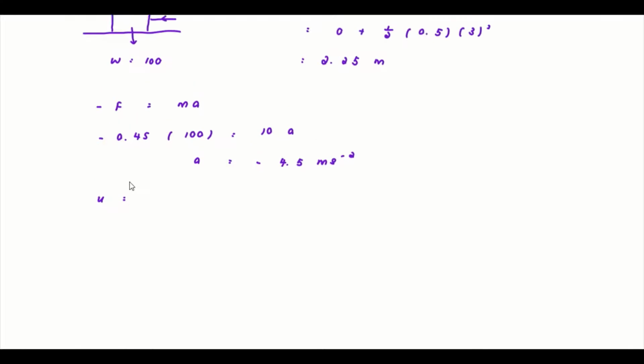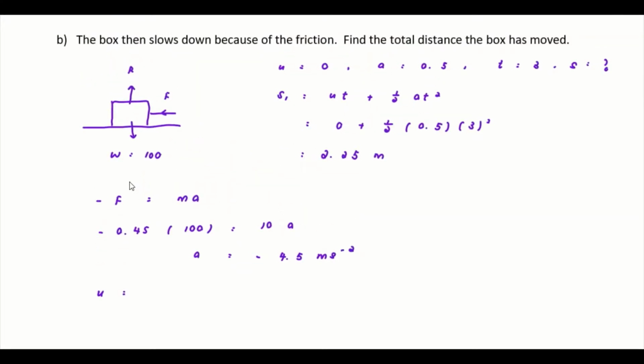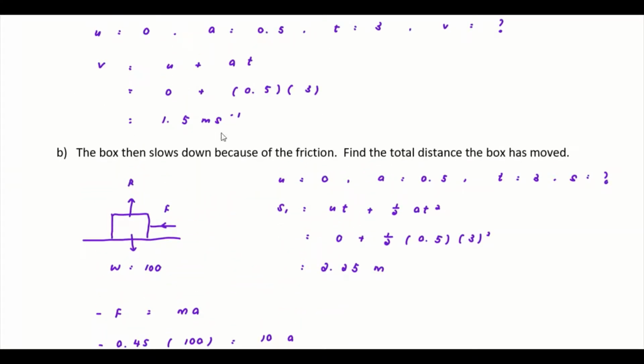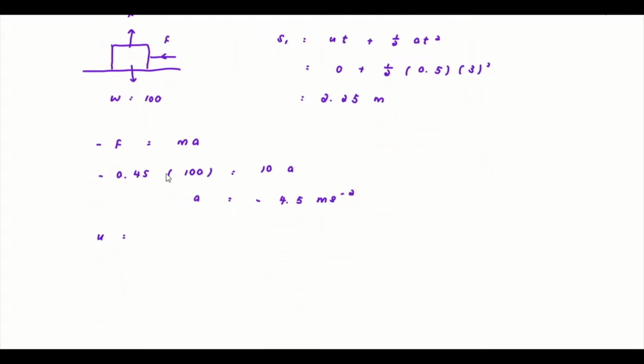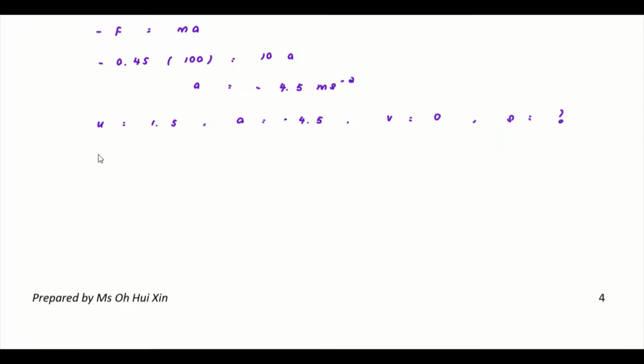So the initial velocity will be the final velocity of the first stage, right? Which is what we got in part A, which is 1.5. Then the new acceleration here is negative 4.5. Then the final velocity, until it stops, is 0. Then we want to find S. Okay, so we can use V squared equal to U squared plus 2AS.